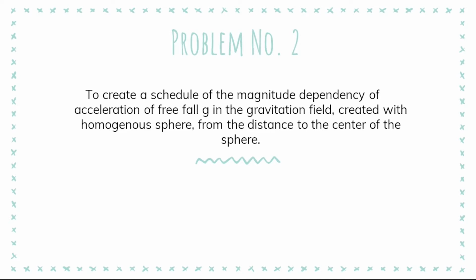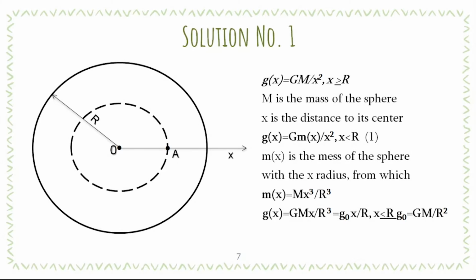Now let's discuss the second problem: we should create a graph of the dependency of the magnitude of the acceleration of free fall g in the gravitational field created by a homogeneous sphere on the distance to the center of the sphere. In solution 1, it is known that a homogeneous sphere creates outside of it such a gravitational field as if the whole mass were focused in the center.